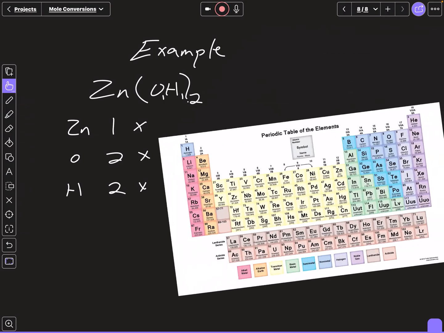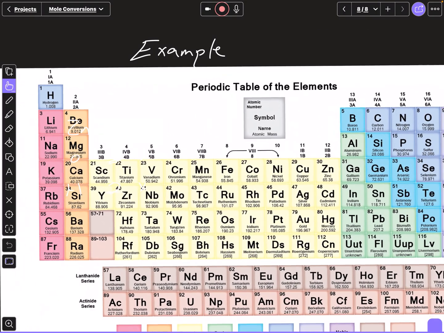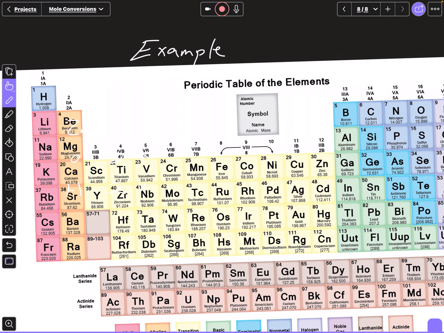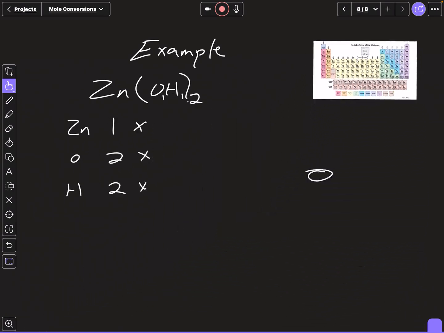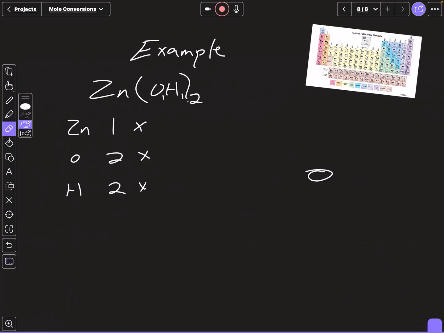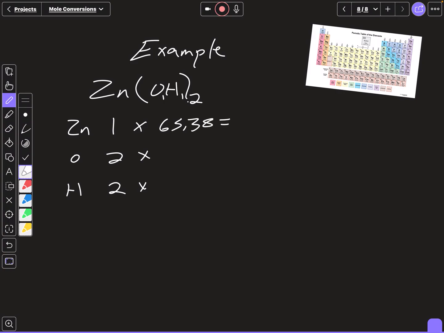I'll bring my periodic table up. I find zinc, its atomic mass is 65.38. 1 times 65.38 gives me 65.38. Oxygen is 2 times.